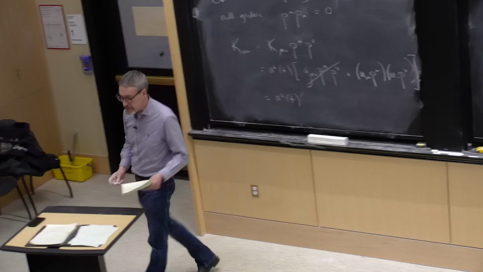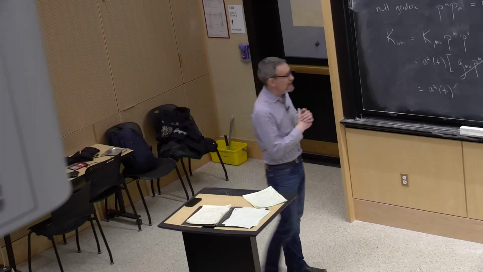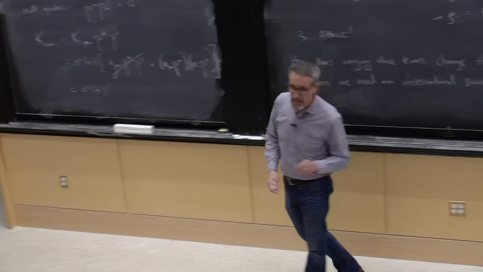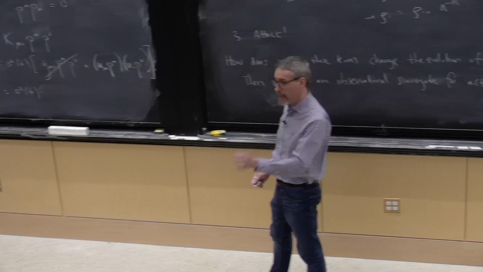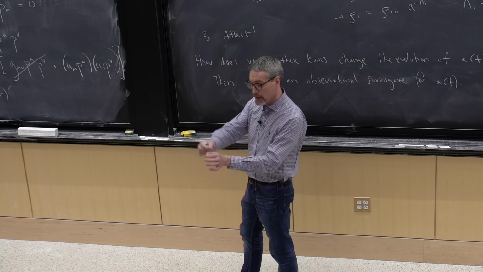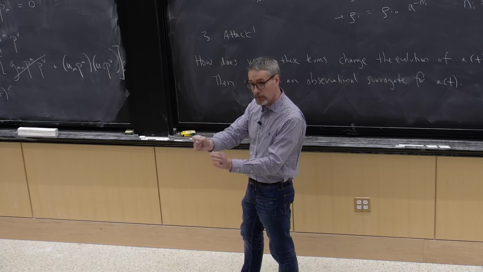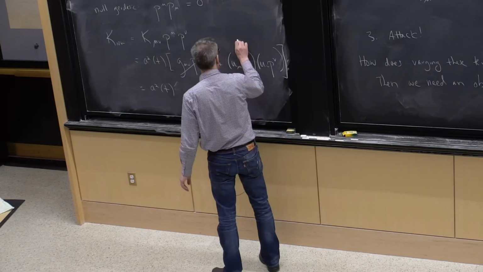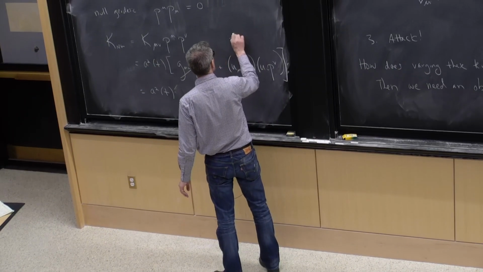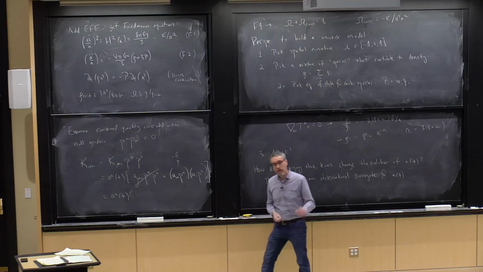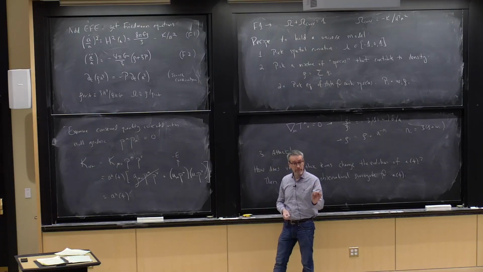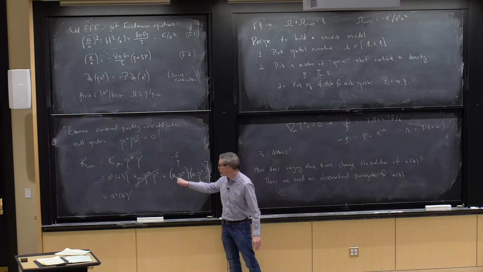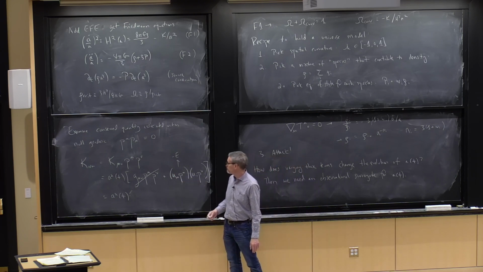Go back to a nice little Easter egg, an exercise you guys did a long time ago. If I look at the dot product of a 4 momentum and a 4 velocity, what I get is the energy associated with that 4 momentum as measured by the observer whose 4 velocity is u.